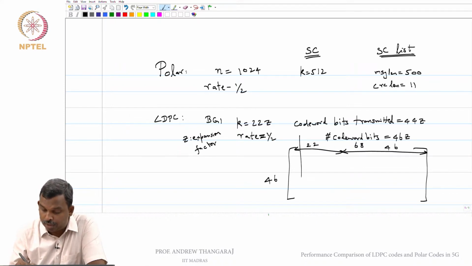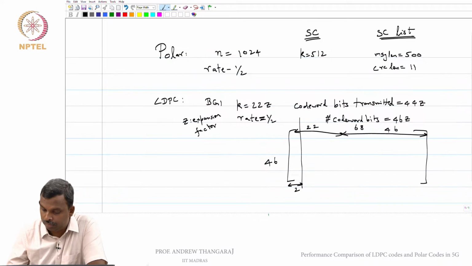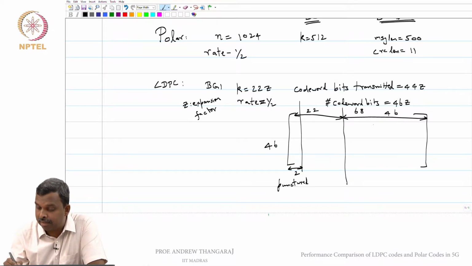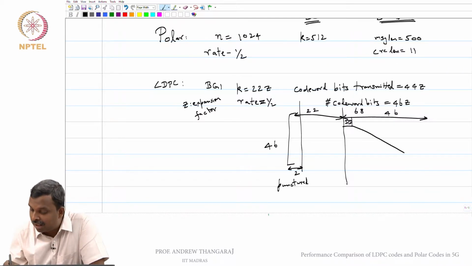Out of this, the first two are punctured. The message ends here, and then you'll start getting the parities. The parities have a short block with the double diagonal structure, and after that it's just diagonal, right up to this.